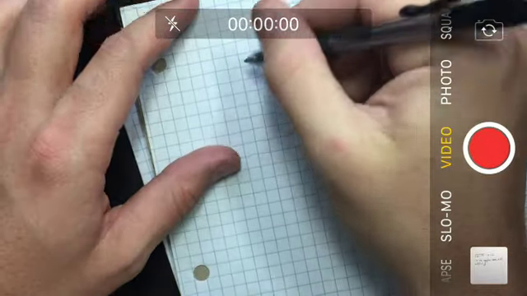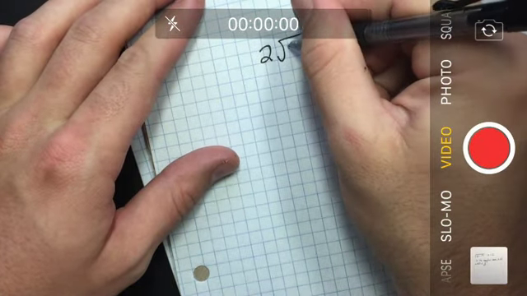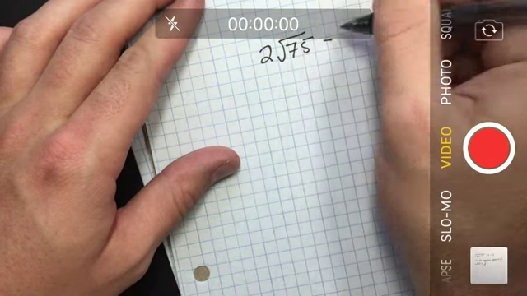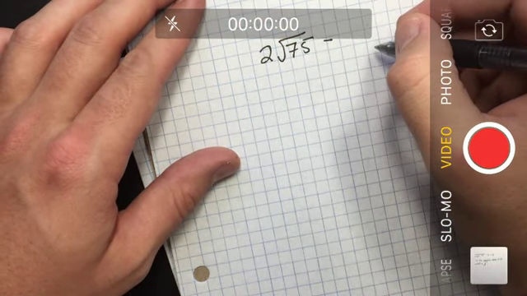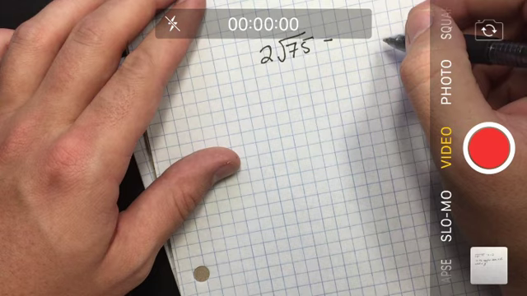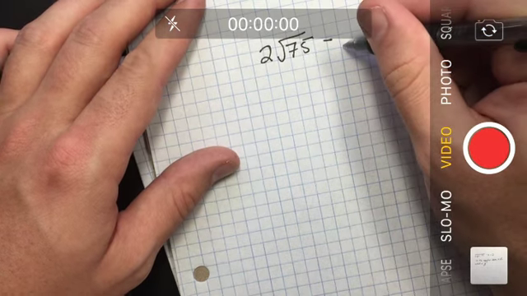I'm not 100% sure. Okay, let's do that question that Skills dropped, because I think it's a pretty decent one. What he's saying is 2 radical 75 minus radical 25 times radical 3. Is that what you're saying?